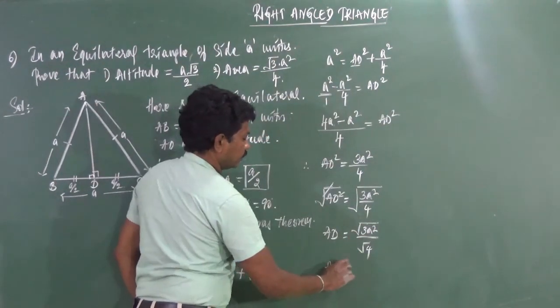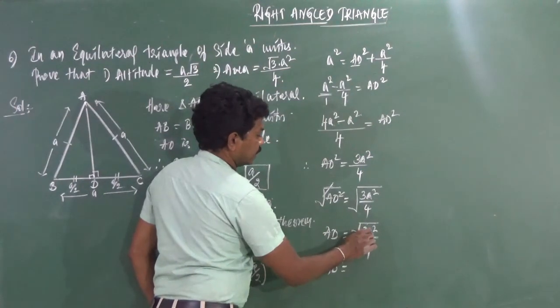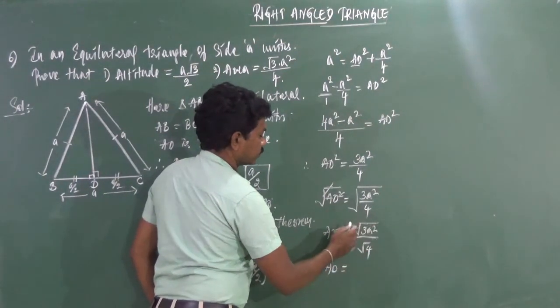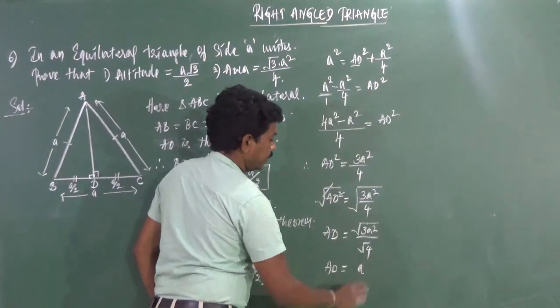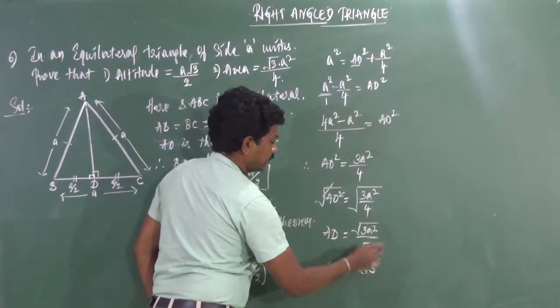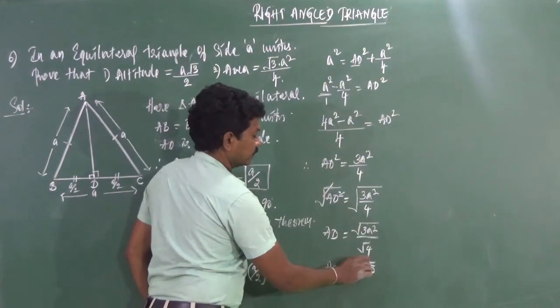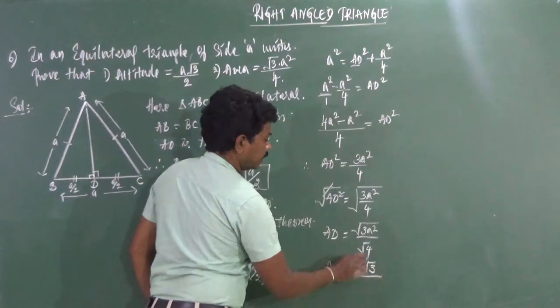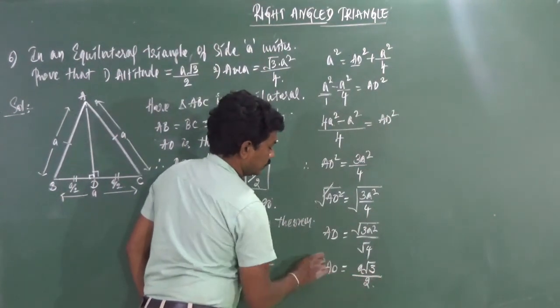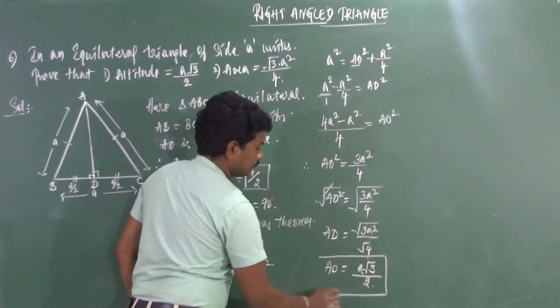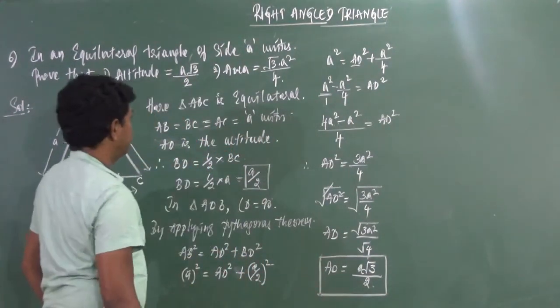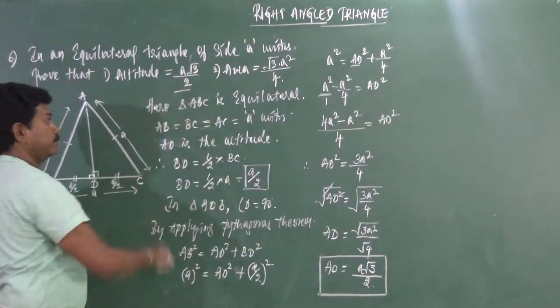So AD is equal to, A square is a perfect square, so it comes out of the square root as A root 3, because 3 is not a perfect square, it remains inside the square root, by square root of 4 which is 2. So therefore AD is equal to A root 3 by 2. So that is what is to be proved.